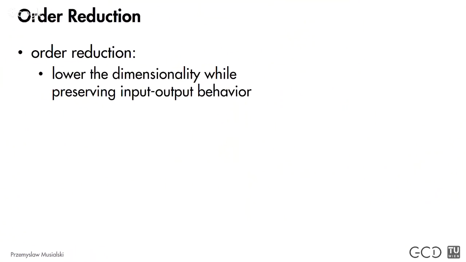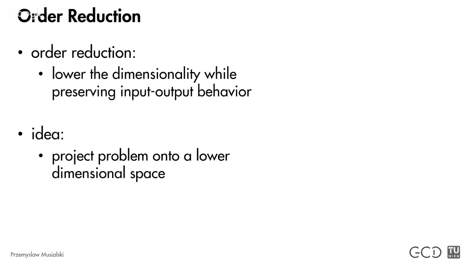That means basically that we lower the dimensionality of the problem, but we try to preserve its input and output behavior. Here, the idea is to project it onto some lower dimensional space. This is basically a sort of reparametrization, or finding a better parametrization of the problem. And here we came up with manifold harmonics.